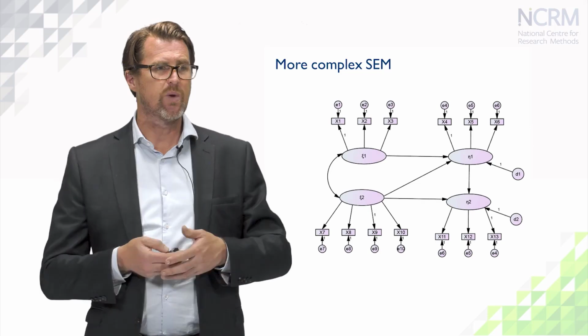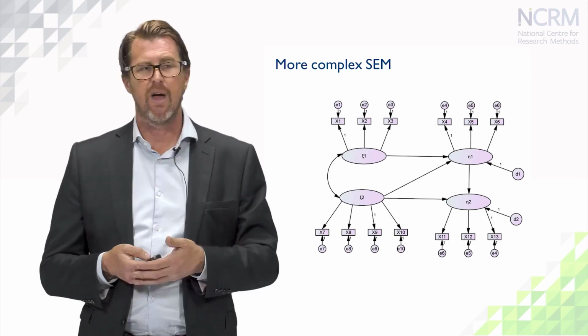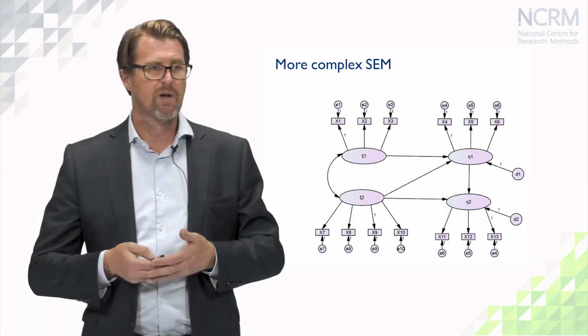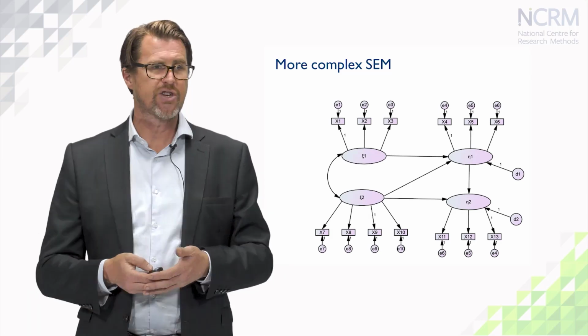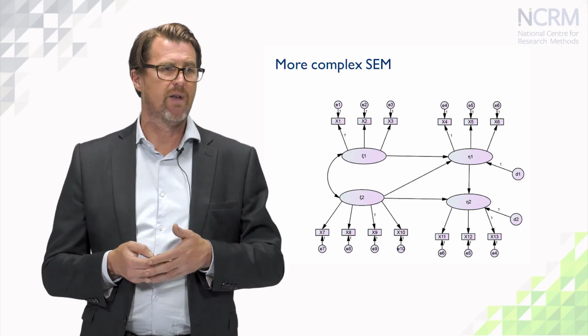That means that what we're saying is that these are exogenous variables, they're correlated with one another, but we aren't making any statements about our theory of the causal relationships between those variables. But we have a regression of eta 1 on xi 1 and of eta 2 on xi 2, and we also have a regression of eta 1 on xi 2.